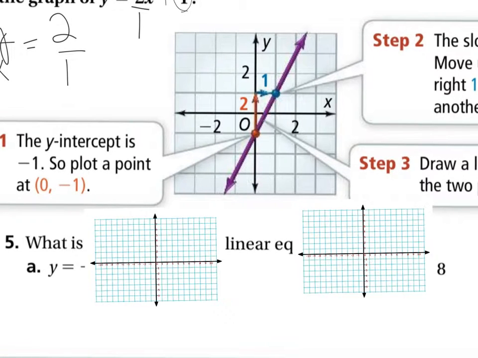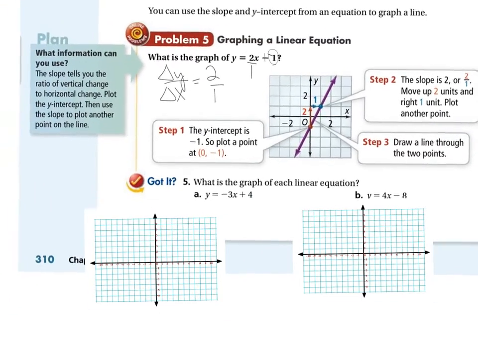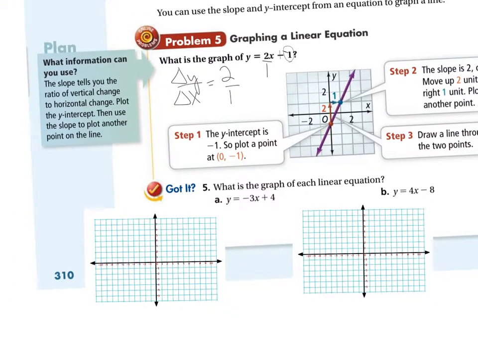Again, if you don't like that way, if you don't want to remember as much stuff here, you are welcome to just do a table. 0, 1, and 2. You put a 0 in, you get -1, which would be our y-intercept. You put a 1 in, you get 1, which is that blue point that they graphed. You put a 2 in, and you would get a 3, which is another point that that line goes through.